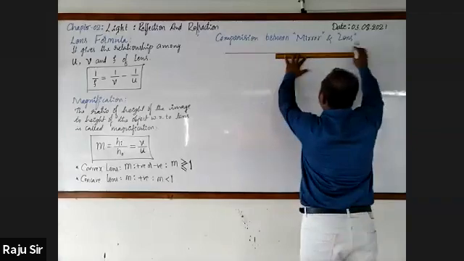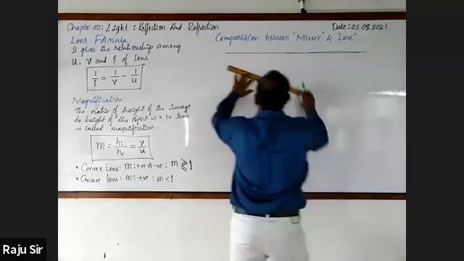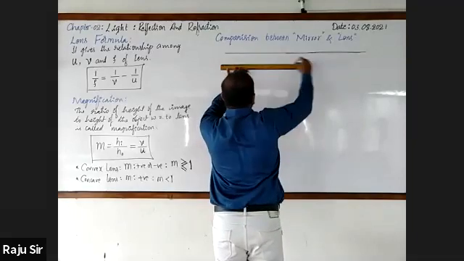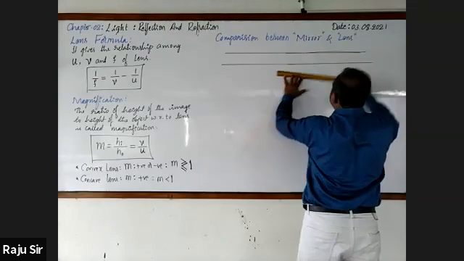Draw a table. One column is for mirror and second column is for lens.